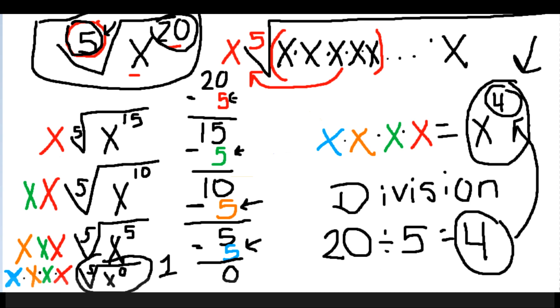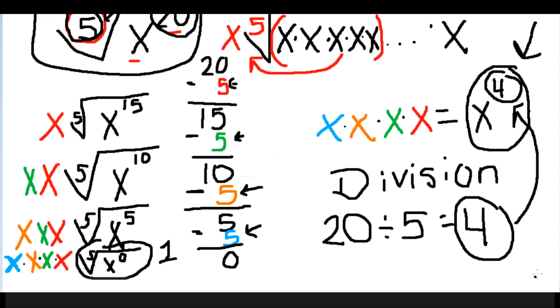So in essence, what we did, and I'm going to scroll a little bit just to give myself more room, is we took our x to the 20th and we divided that exponent, excuse me, not by 4, silly me, we divided that exponent into groups of 5. And so we're taking the exponent and we're dividing it by the index, right? We divide it by groups of 5.